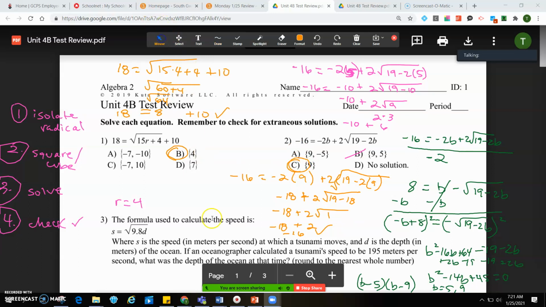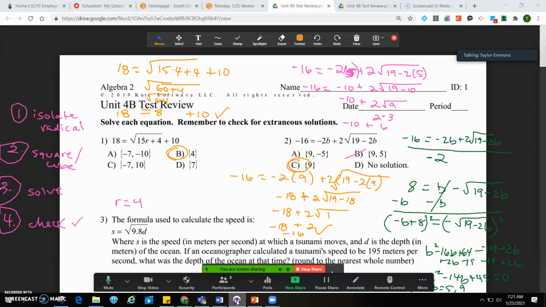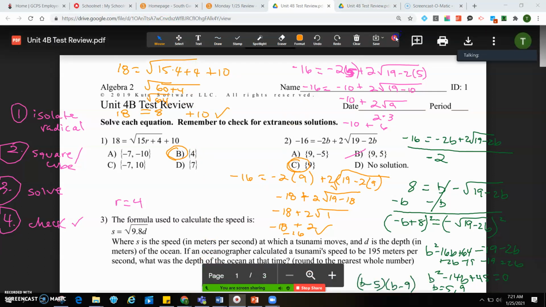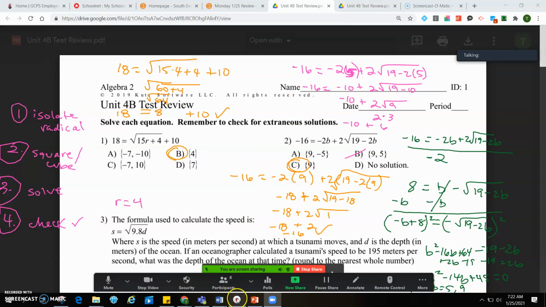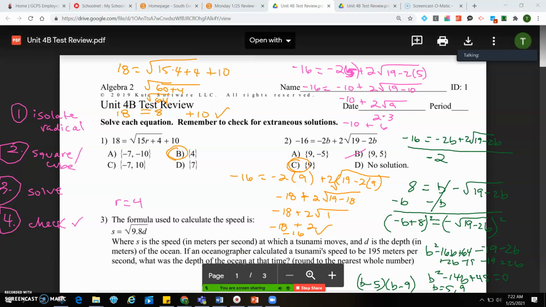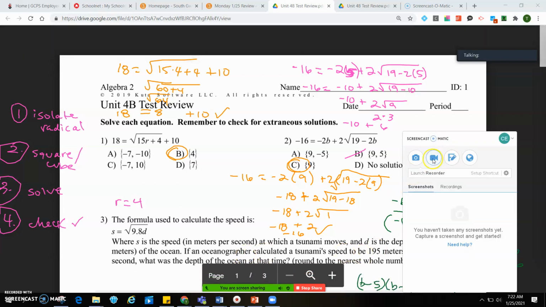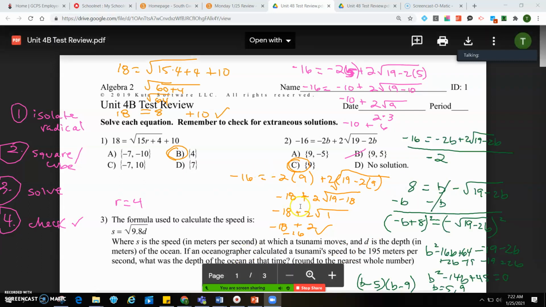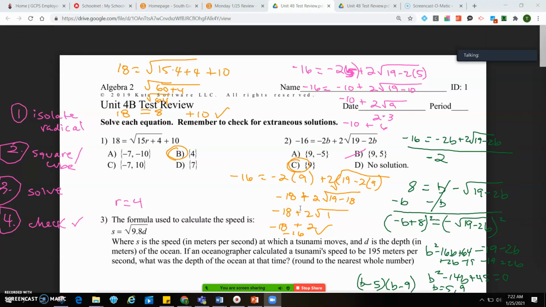Okay. Questions on that? Okay. So on number 3, I know y'all don't like word problems, but there are a couple of word problems that are on your test, so you need to make sure that you're comfortable with reading.